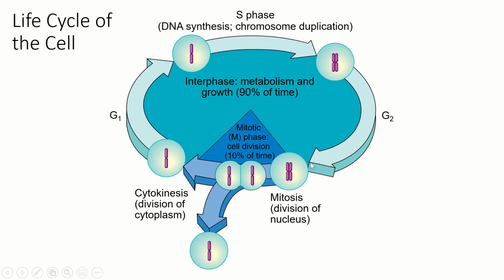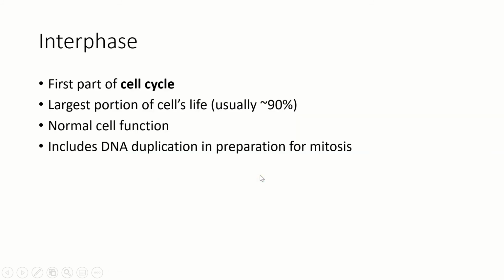We're going to talk in really big detail about mitosis, through all the phases of mitosis, but just remember this is only one portion of a cell's life cycle. For example, a plant cell is doing photosynthesis for the other 90% of the time, and then occasionally it does mitosis to make a new cell. Okay, so just remember that.